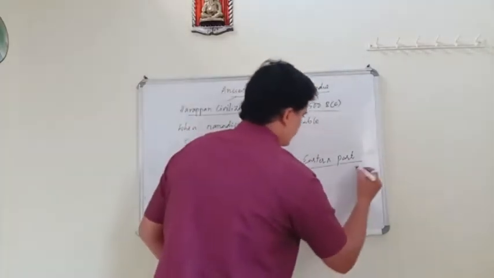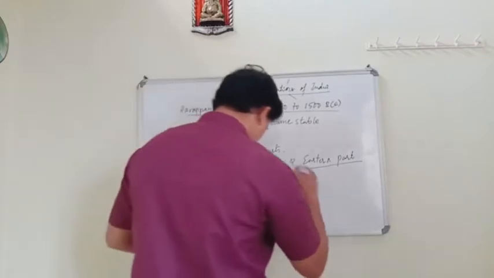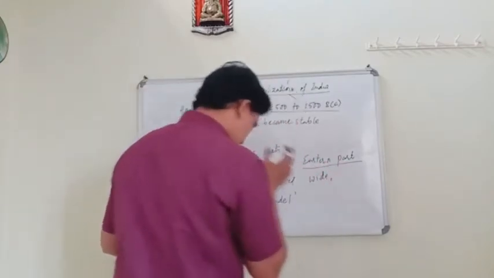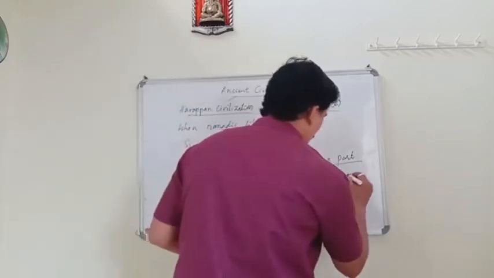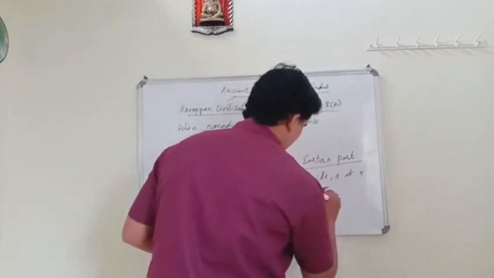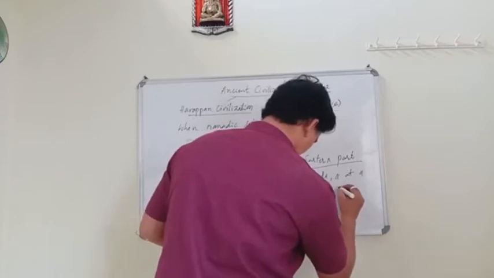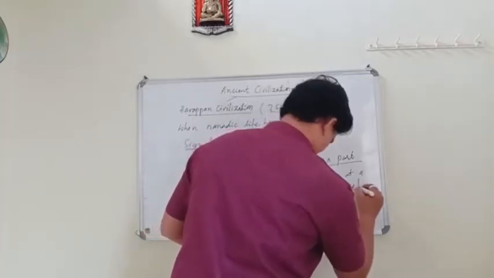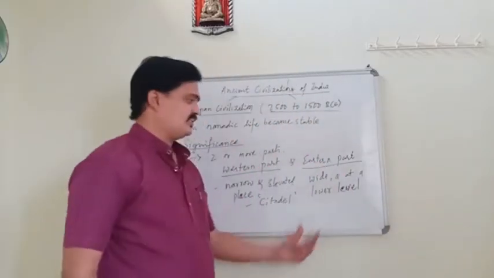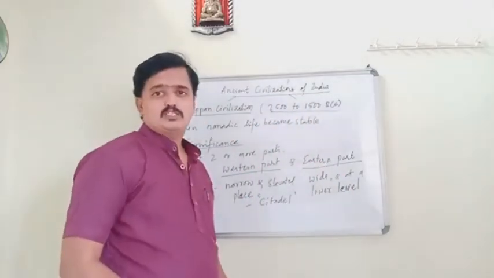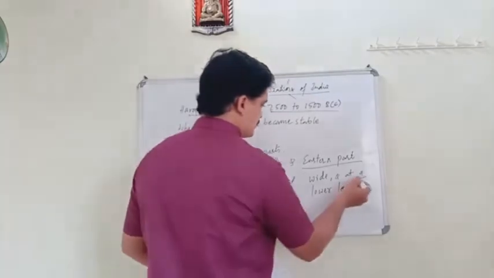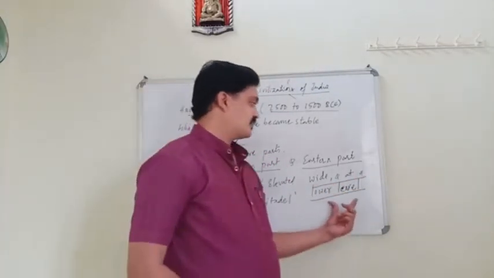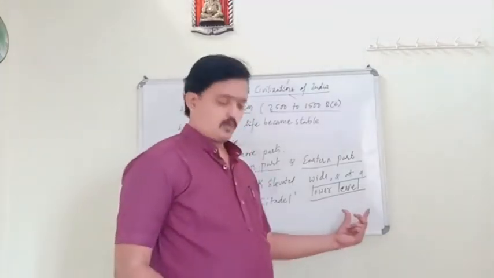When we come to the eastern part, this part is very wide and at a lower level. Because of this reason, it is known as the lower town.